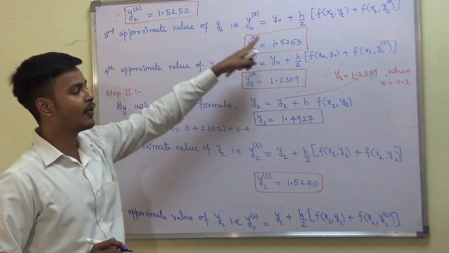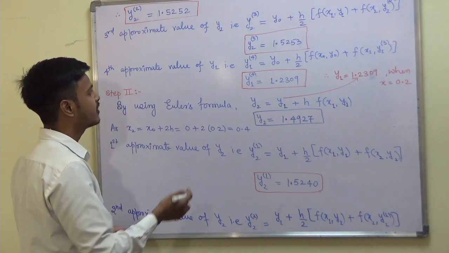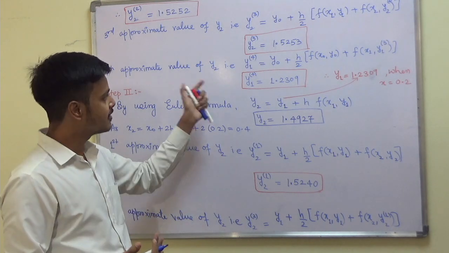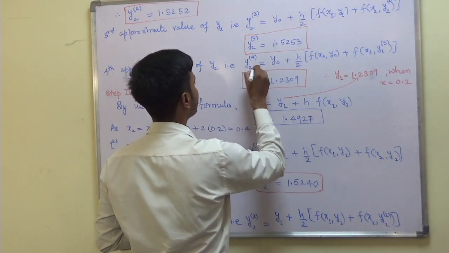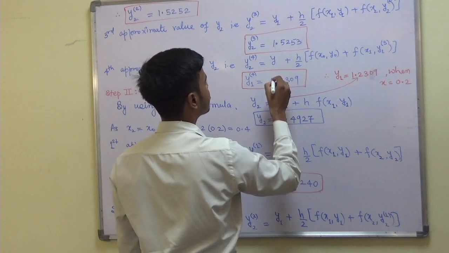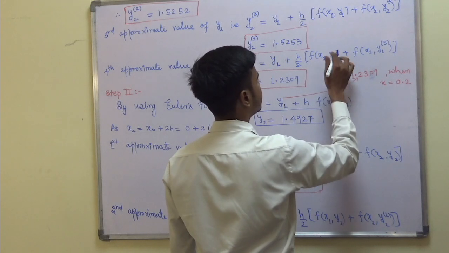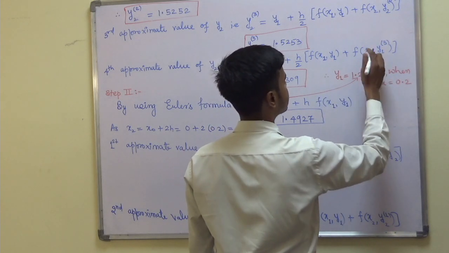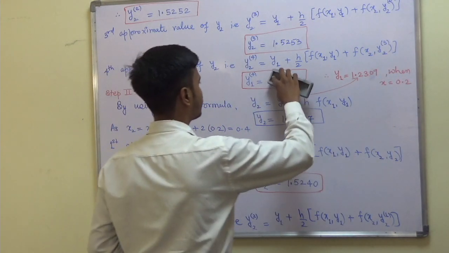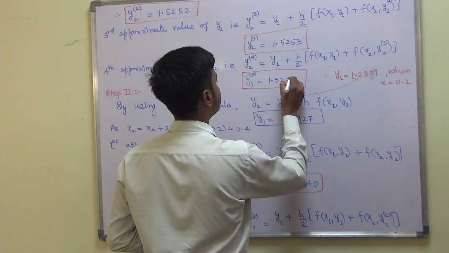Okay, now if you want you can stop here, because the difference is very negligible, but if you are not getting the feeling of happiness that we are actually getting the answer, you can just go on finding the values. So this is y24, and the answer is 1.5253.